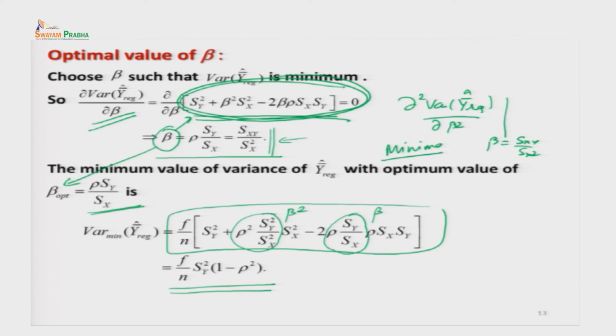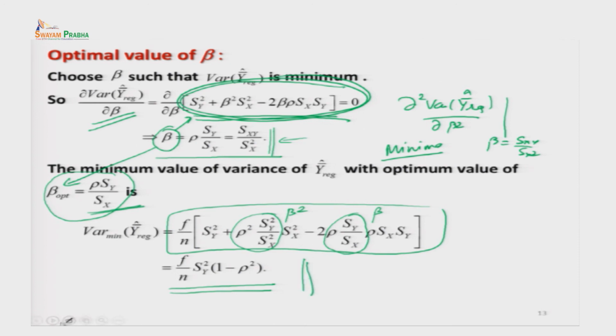The answer is that if you choose a beta close to the value rho Sy upon Sx, then it is going to give you smaller variability, and the smallest value of the variability can be obtained when you choose exactly beta equal to rho Sy upon capital Sx, and the value of the variance is going to be like this.